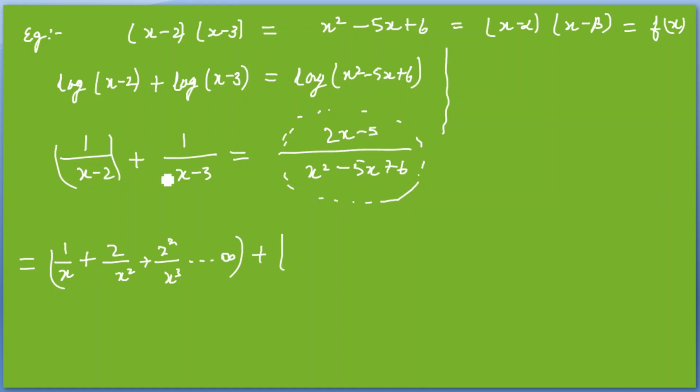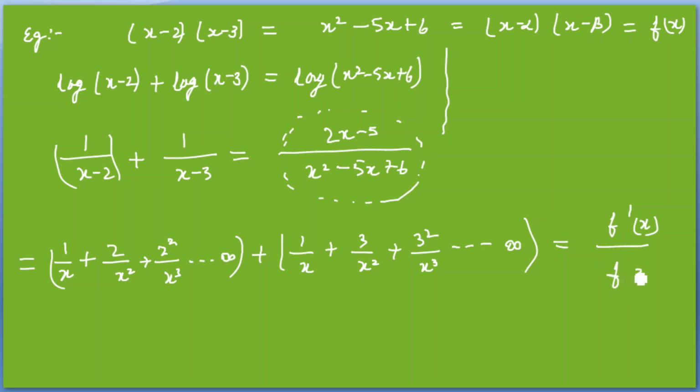Then adding the second infinite sum, which is 1 upon x plus 3 upon x² plus 3² upon x³ up to infinity, and this is equal to what? We can write it as f'(x) over f(x). Now adding these two terms.